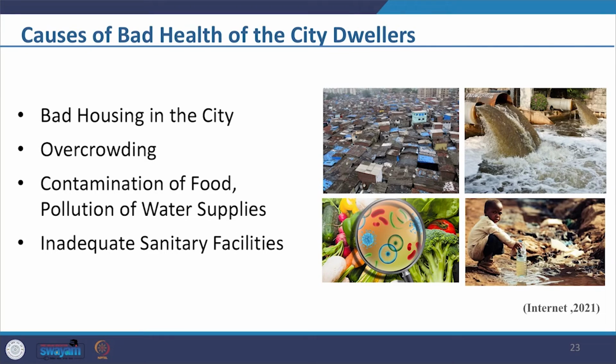We see that they explain the bad housing in the city, and at the same time the overcrowding, the contamination of food, pollution of water supplies, and inadequate sanitary facilities combined contributed to shorten the lives of children and adults in the same way. We can also try to understand the epidemics in the city because the urban areas, particularly large cities, are crowded, and therefore the population became susceptible.